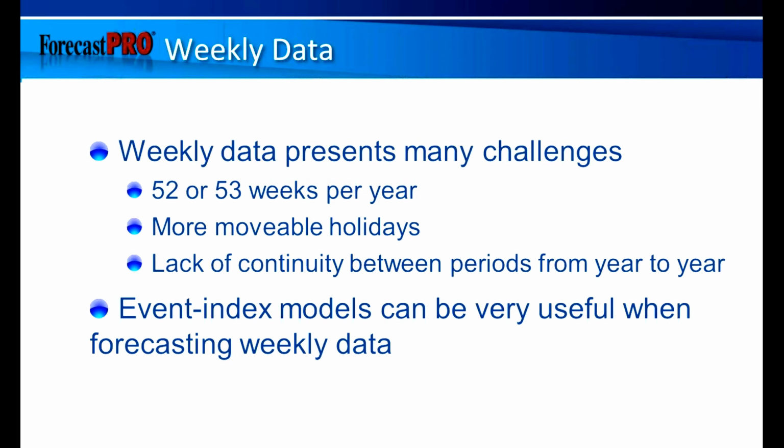With weekly data, the 4th of July might not always be in the same week of the year. There's also an issue with continuity between periods from year to year. So while there's a lot of similarity in a March from one year to the next, there's not a whole lot of continuity from week 17 from one year to the next.